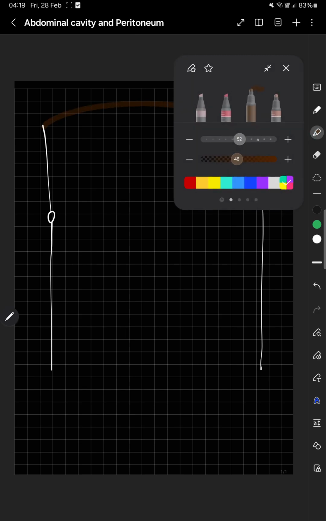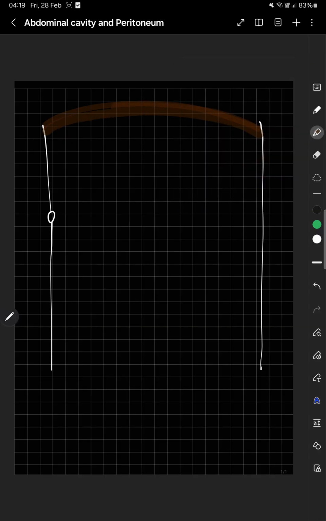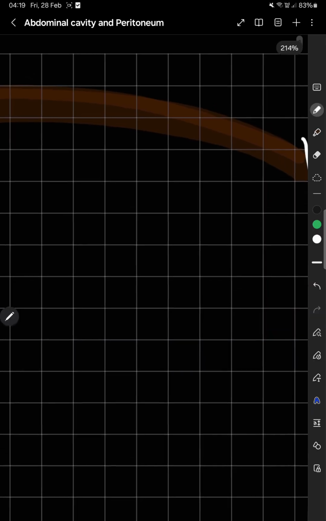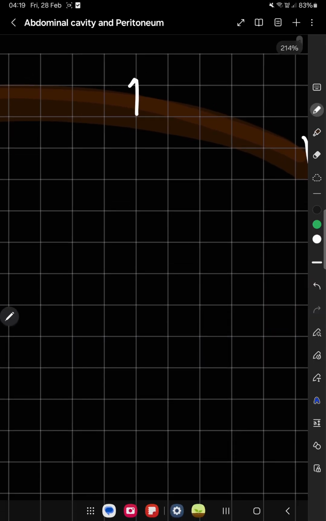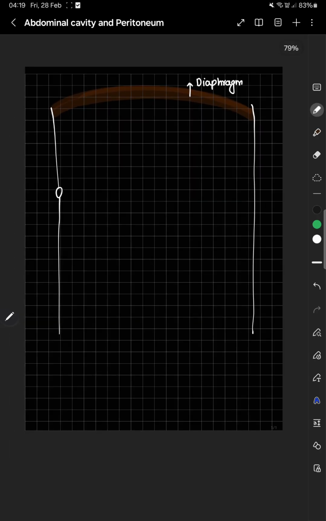Let's make it a little fatter. So this is our diaphragm. Fine. So we have our diaphragm, anterior abdominal wall, and posterior abdominal wall.